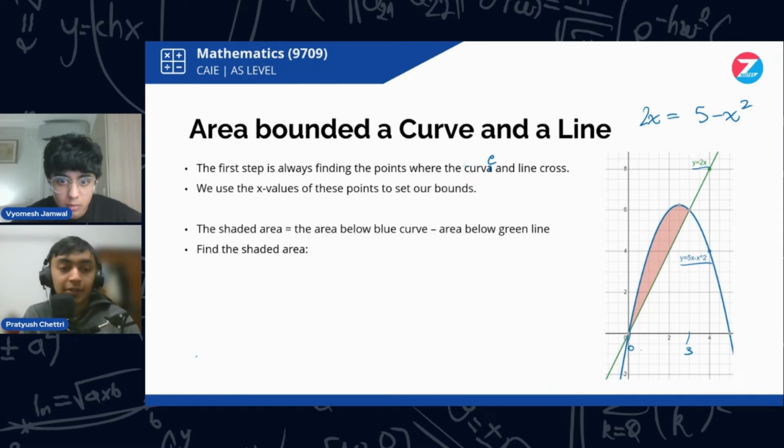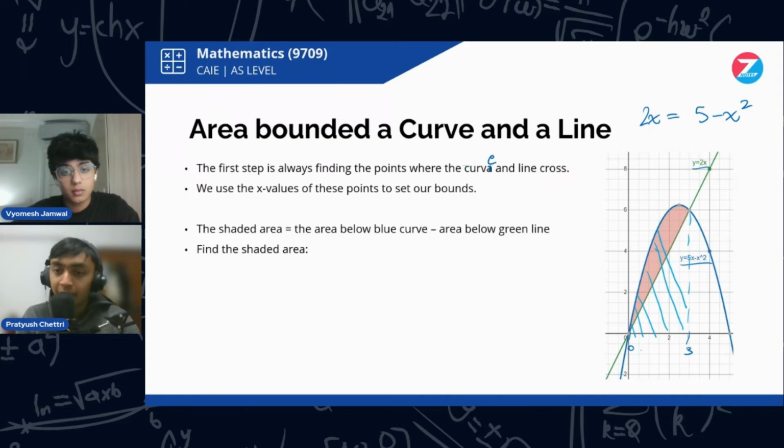And here's a key point with curves and lines. In the shaded area, the red area, is going to be the area below the blue curve, which I'll show in blue. The area below the blue curve is like this, and we're going to stop at 3.